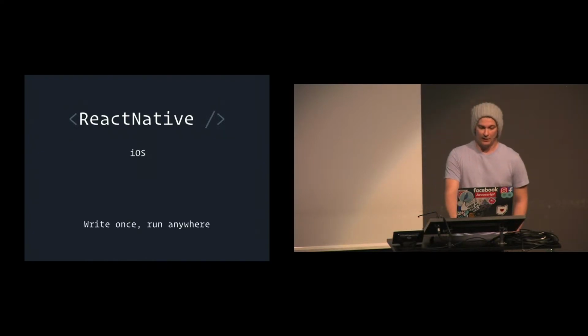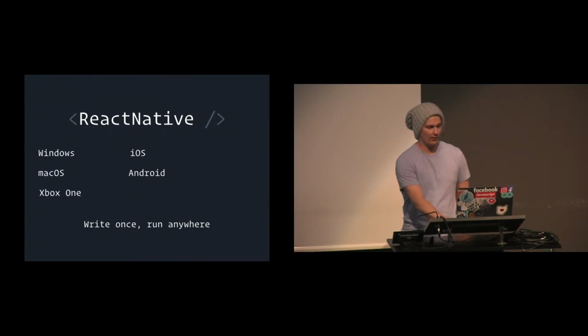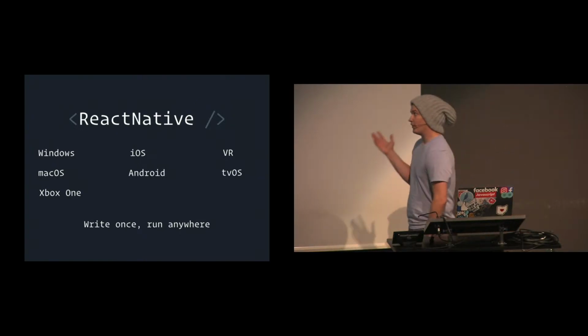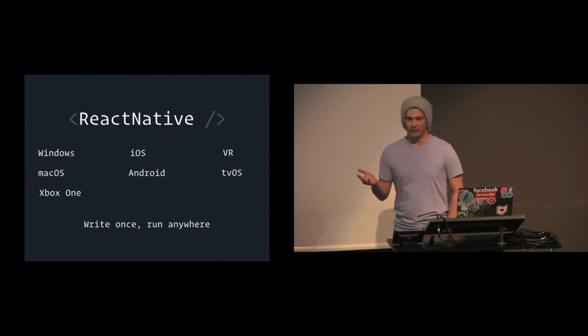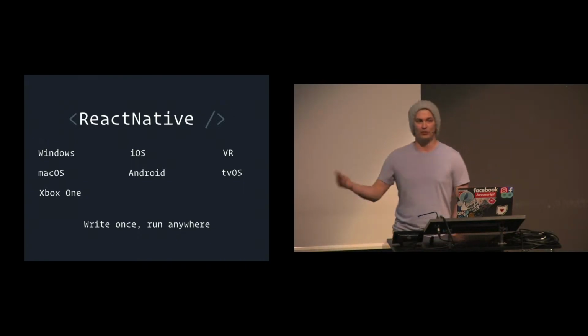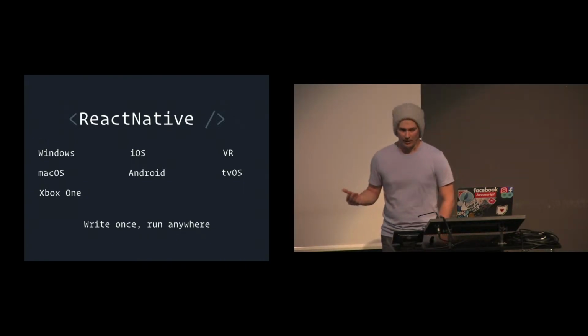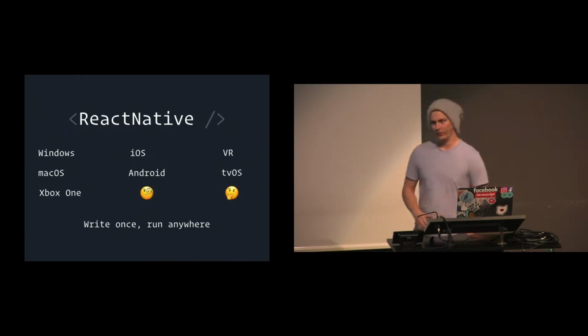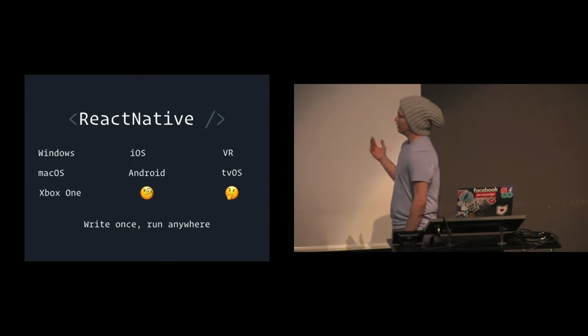You can do that on iOS, on Android, Windows, Mac OS, Xbox One, VR, and tvOS. So all these platforms all run React Native. So if you have code in one of them, you can copy and use it in one of the other platforms.